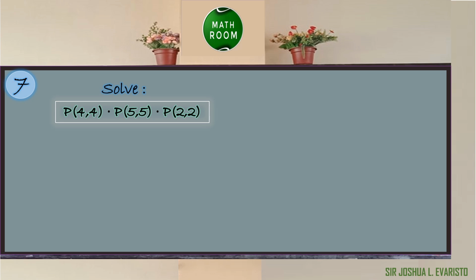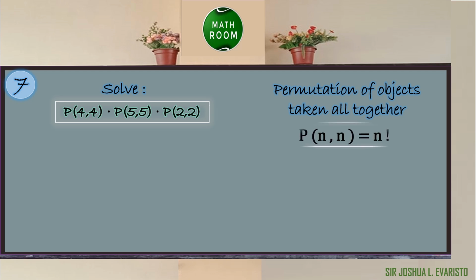To solve this, let us use the formula for permutations of objects taken all together, since both n and r have the same values, and that is permutation of n, n is equal to n factorial. First, let us solve permutation of 4, 4, which is equal to 4 factorial. 4 factorial is 4 times 3 times 2 times 1, that is equal to 24.